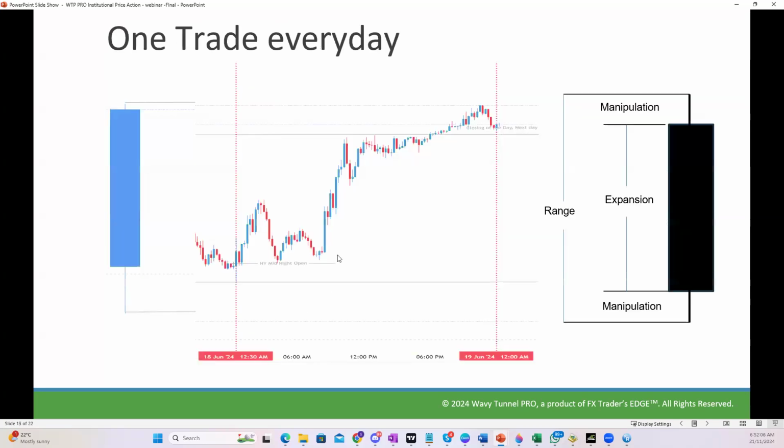Okay, one trade every day. So I just mentioned something about a single candle and how you can find 3 swing patterns at the top and 3 swing patterns at the bottom. These are the areas that I consider manipulation by the institution, because institutions always try to pick this one.